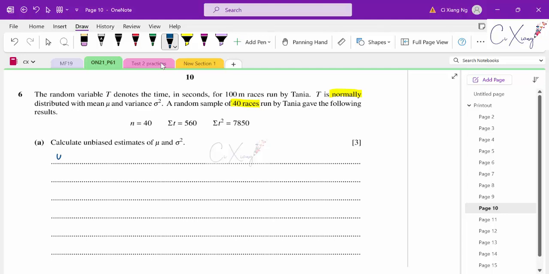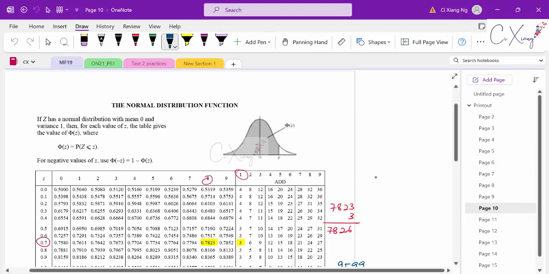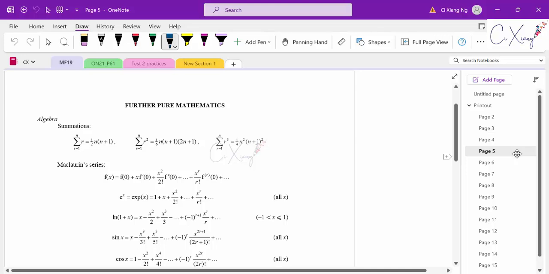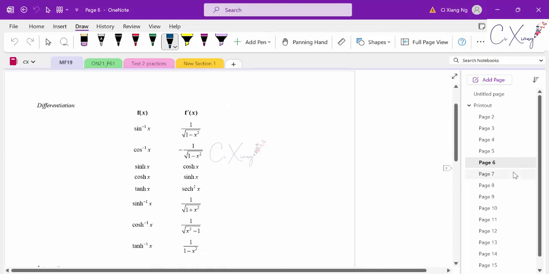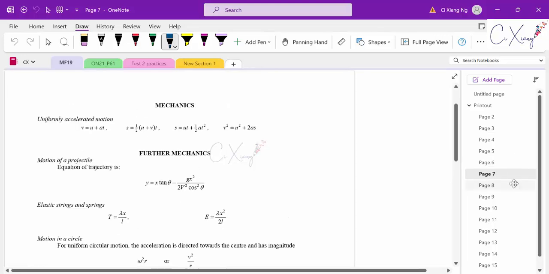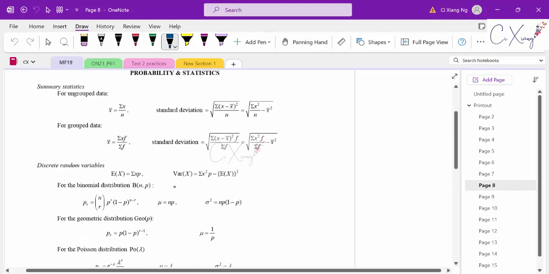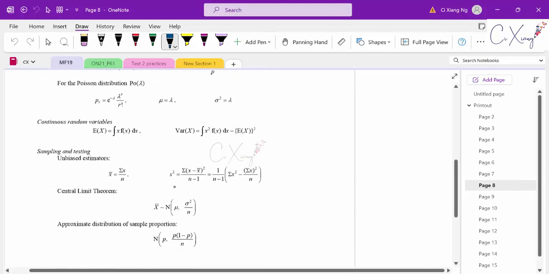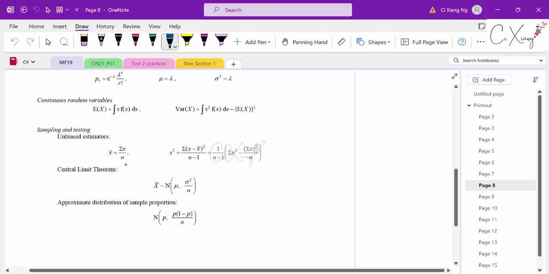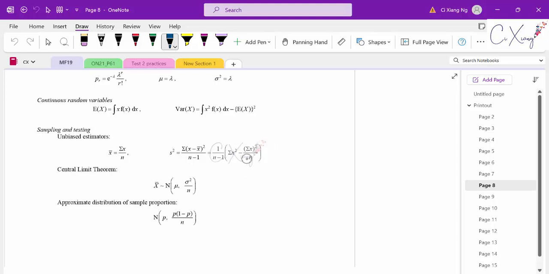Just to recall, if you cannot remember the unbiased estimates formula for mean and variance, you can get it from the formula booklet. Let us have a look. Under this part, you can see our unbiased estimator for the mean and also the unbiased estimate formula for the variance.